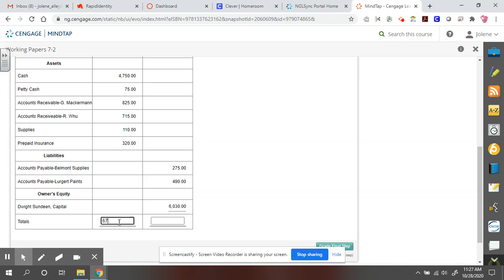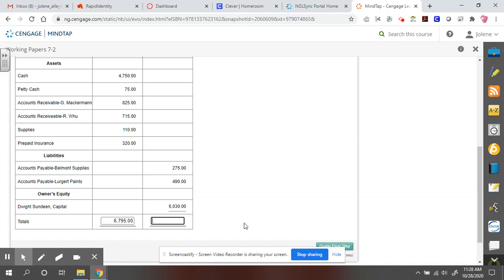I get 6795. We'll do it one more time to make sure I didn't hit the wrong button. Got the same thing the second time. Now, over here, I got to add the column down as well. I can't just throw in that dollar amount.